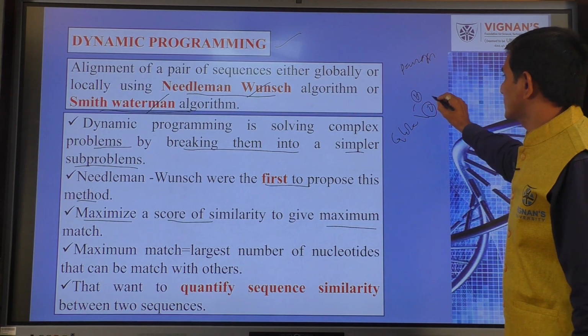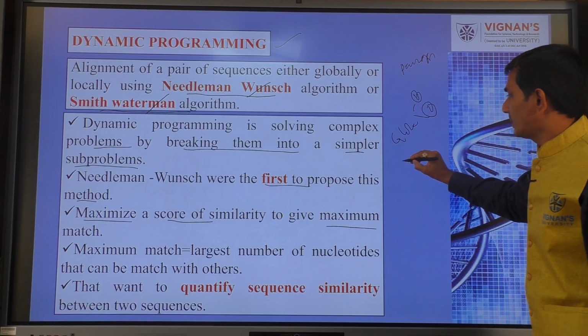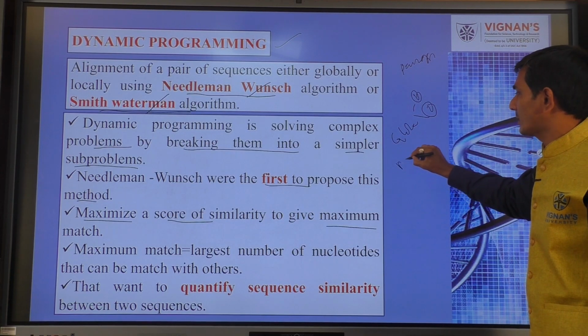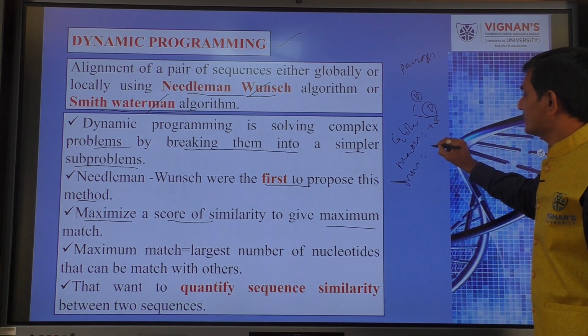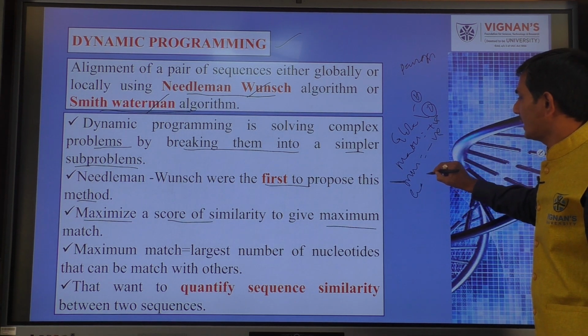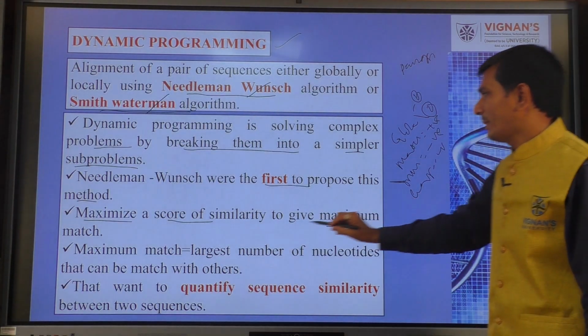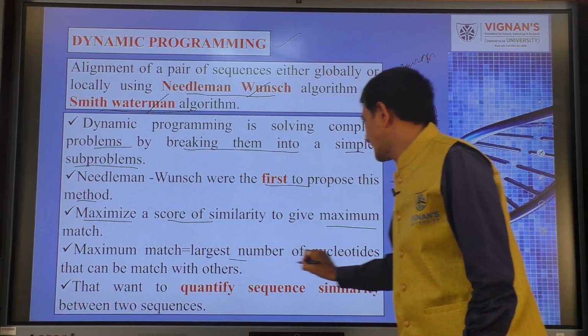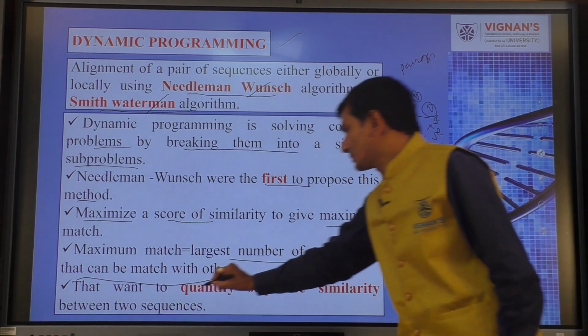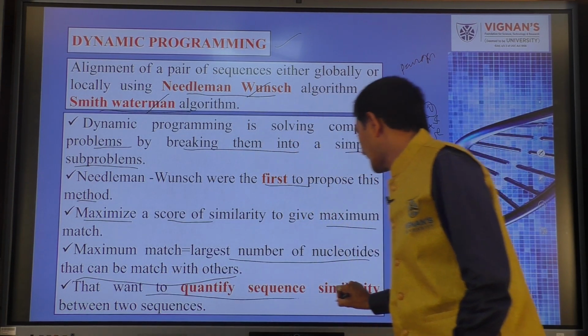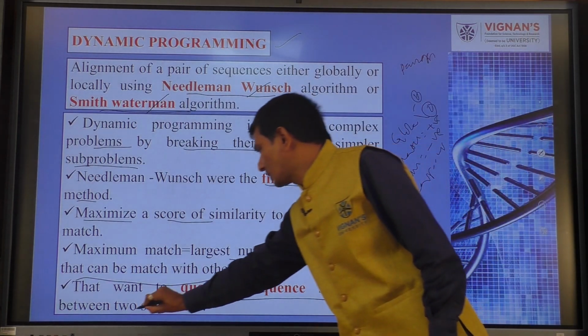While performing dynamic programming, we assign values for a match, a positive value, a mismatch, a negative value, and a gap, a negative value. Maximum match indicates the largest number of nucleotides that can be matched with each other, which quantifies sequence similarity between the two sequences.